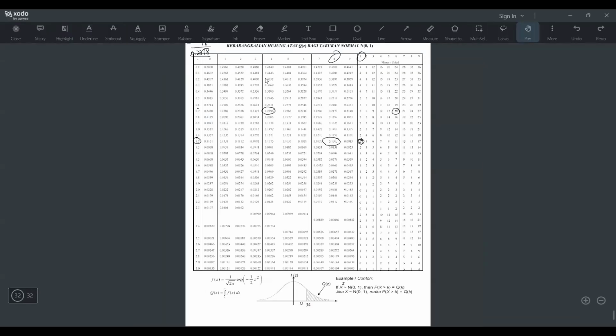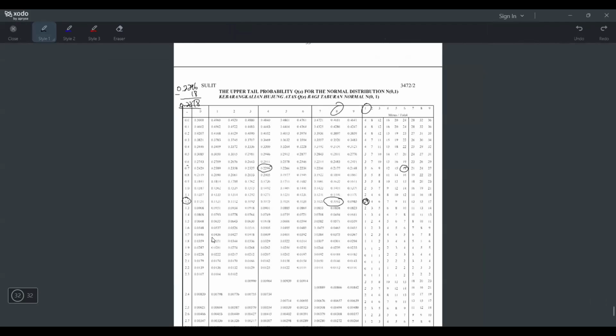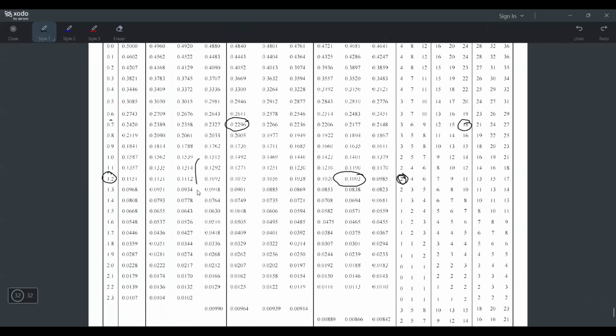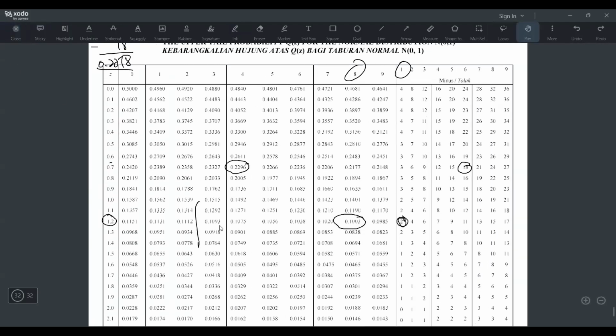Okay, what's the value just now? 0.3483. So you go to the table and look from the inside. You look for 0.3483 or a little more. So here is 3434, 3446, 3483. This is 3483, right? And you don't have to find a little more already because you have exactly 3483.